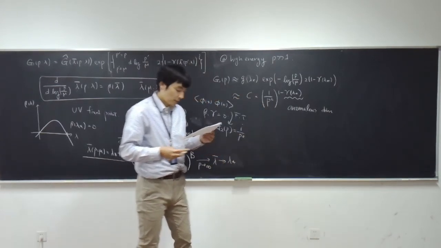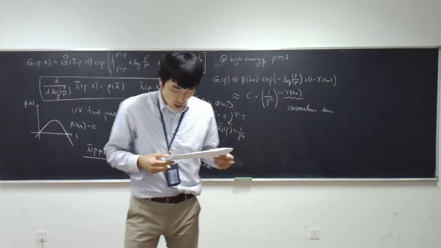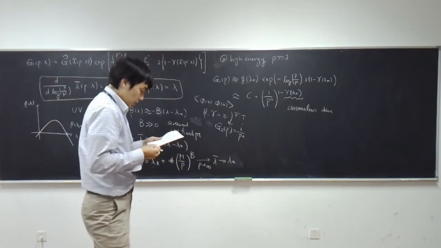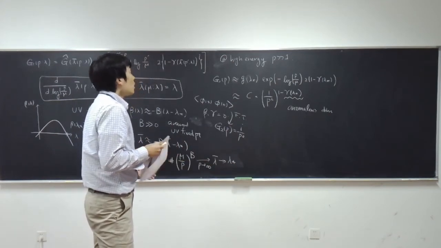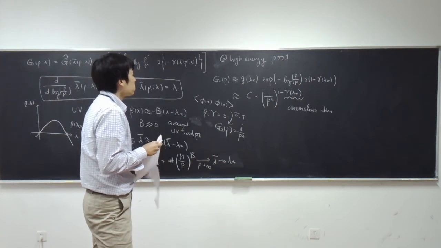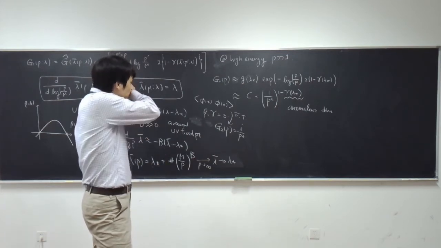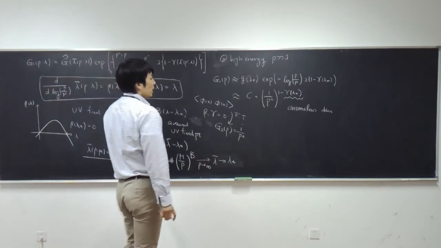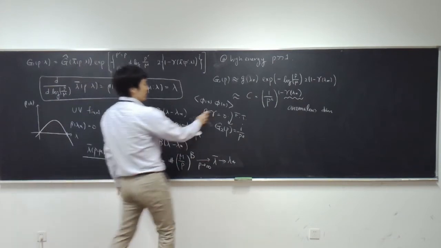That's why it's called the anomalous dimension of the scalar field. Okay, so that's how you obtain the anomalous dimension. Sorry, I told you wrong.